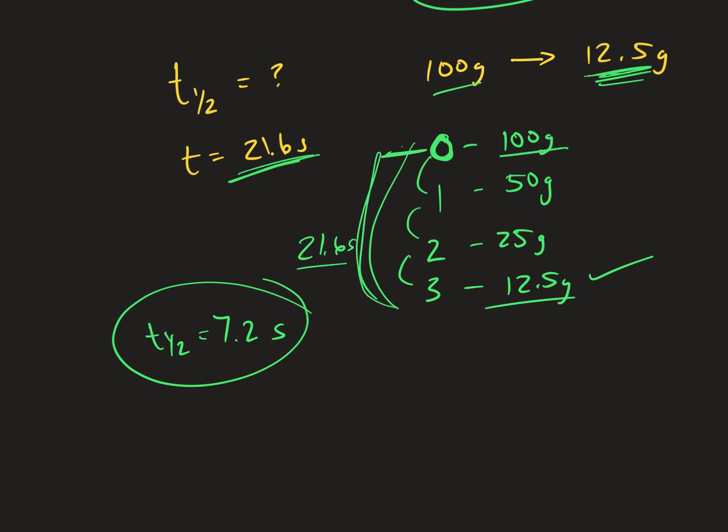This is 21.6 seconds, and we cut it in half 3 times. So that's 3 half-lives. We want to know what the time is for 1 half-life. So we take 21.6 and we divide it by 3. And that gives us 7.2 seconds. Make sense? Yeah. Thanks for asking. We good?